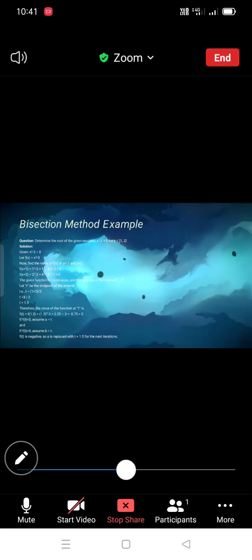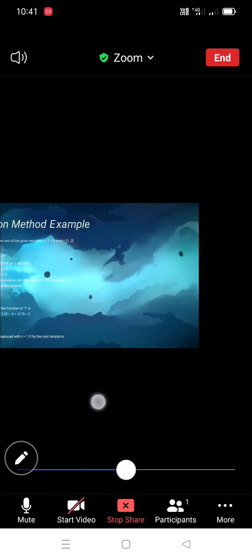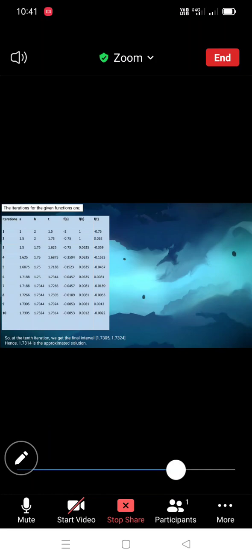So here given is x square minus 3 is equal to 0. Then it will become f of x is equal to x square minus 3. So here is the iteration. We have here 10 iterations.